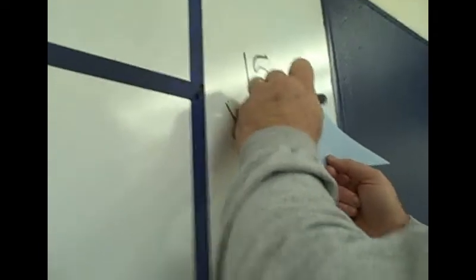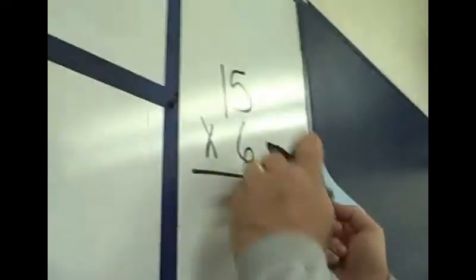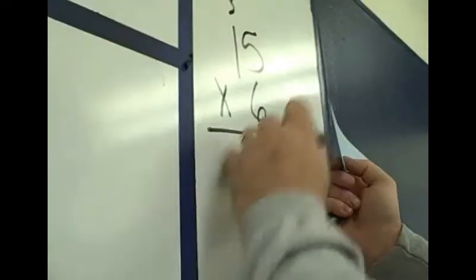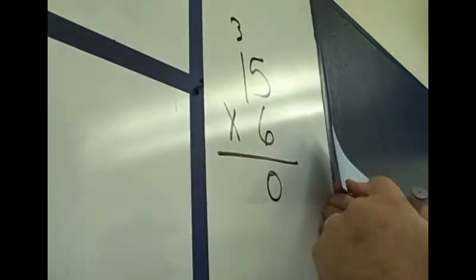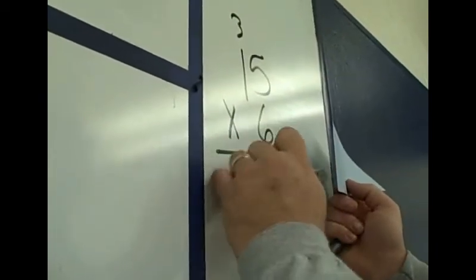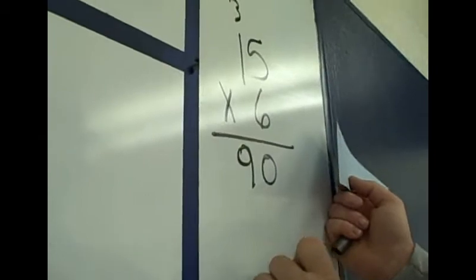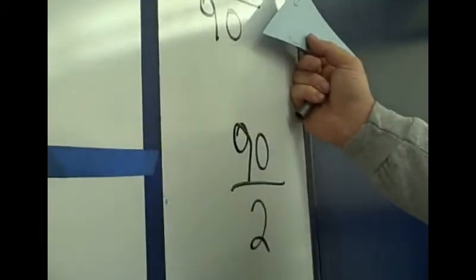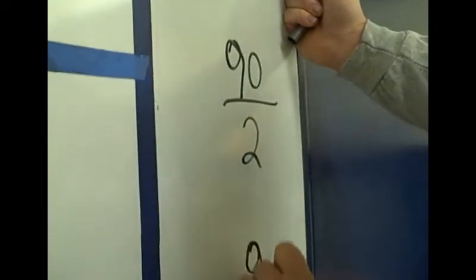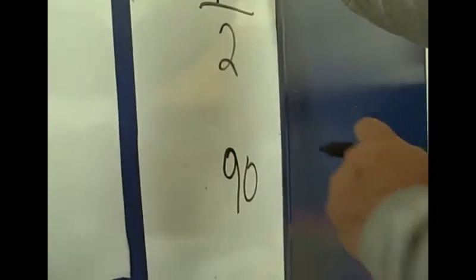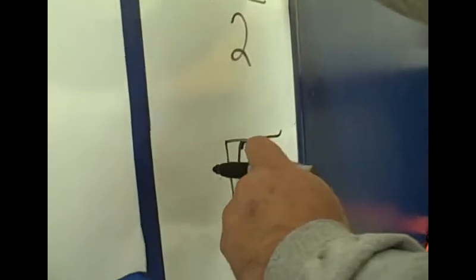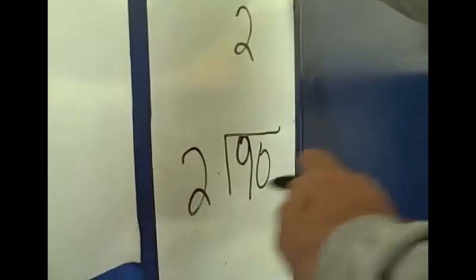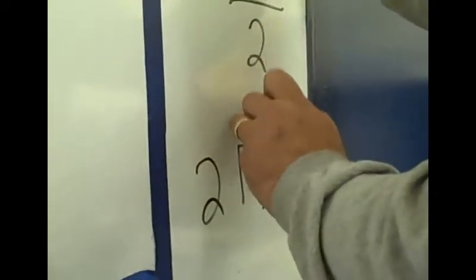So here's what we would do. We're going to multiply 15 times 6. 6 times 5 is 30. 6 times 1 is 6. Plus 3 is 90. 90 divided by 2 because it's a triangle. Remember, the top number is the cowboy, goes inside. The horse goes on the outside. 2 goes into 9 4 times.